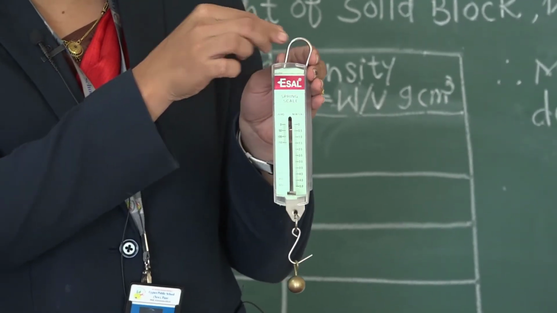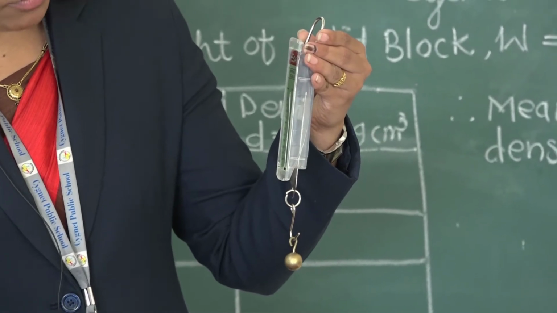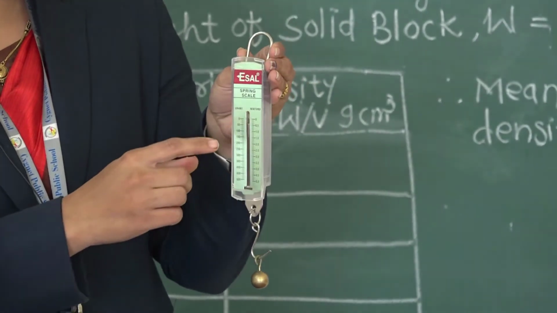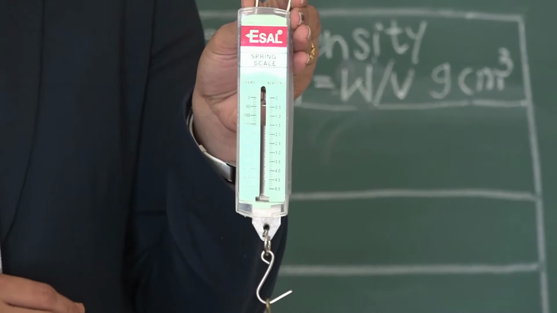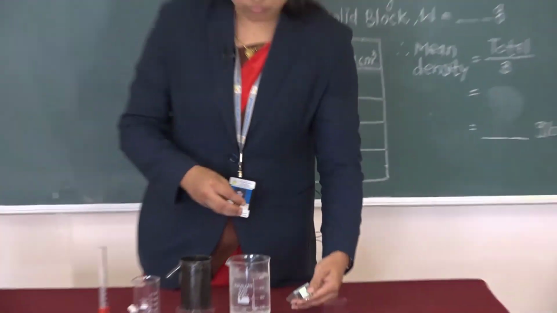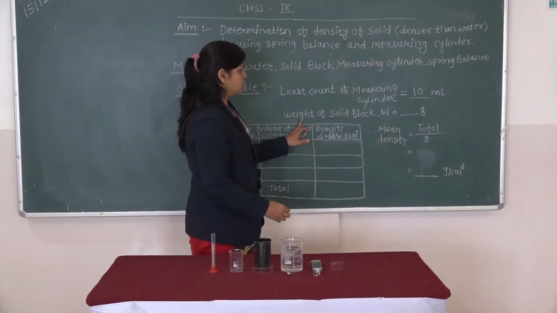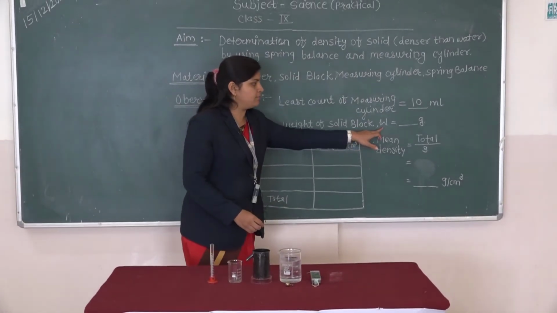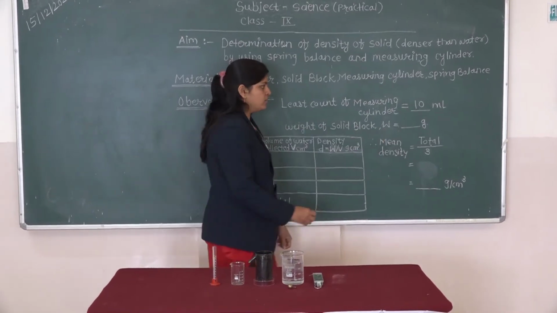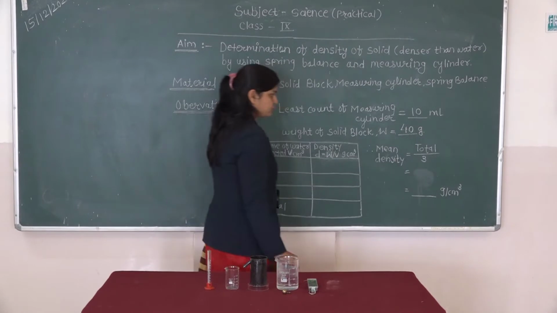The weight of the solid block is 40 gram. I will write the weight of solid block, which is denoted by W, is 40 gram.